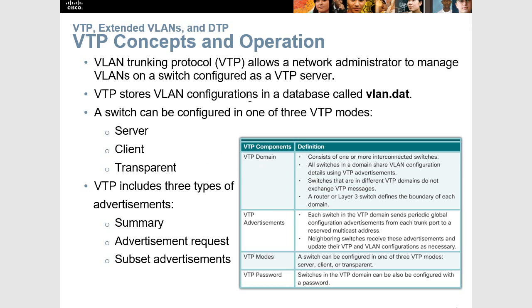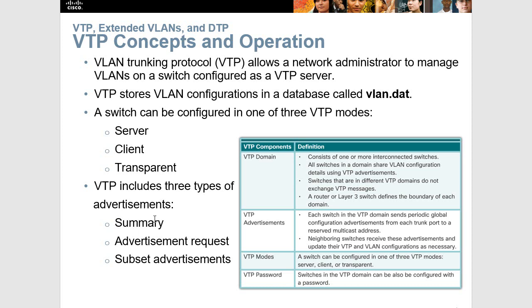All right. So that brings us to the advertisements down here. There are three types of advertisement: summary, advertisement requests, and subset advertisements. Those summary advertisements are sent out about every five minutes, pretty much on the dot, and they contain the domain name and the revision number of the VLAN data.